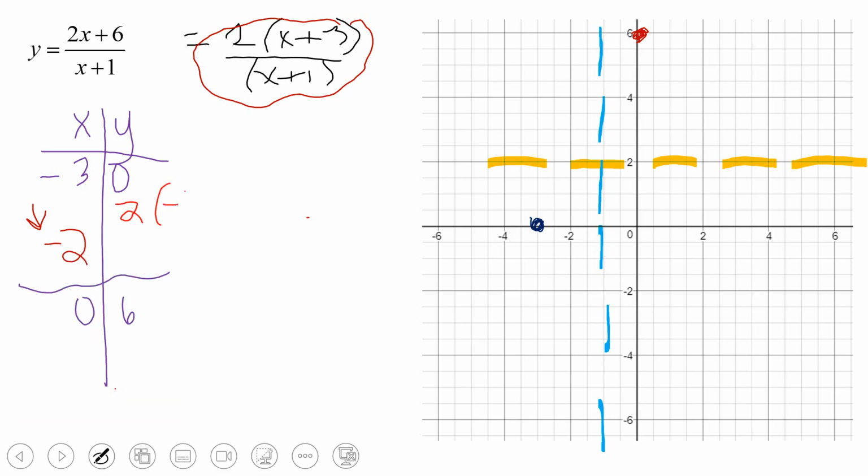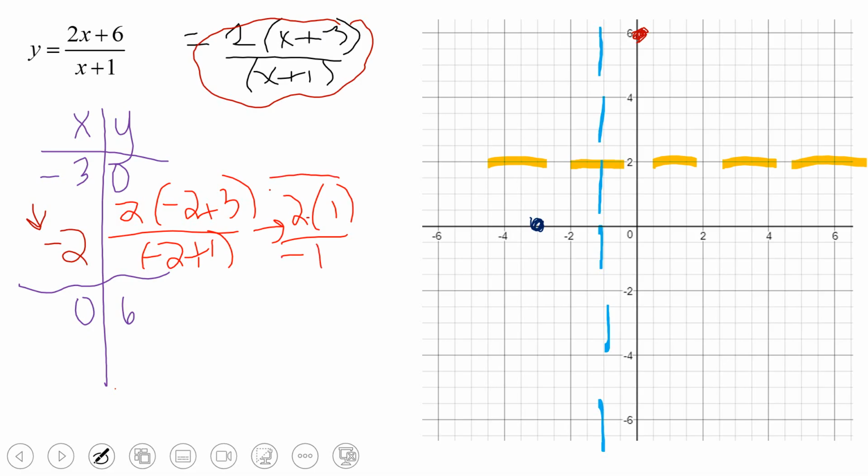So 2 times -2 plus 3 over -2 plus 1. 2 times -2 plus 3 is 1, and -2 plus 1 is -1. When I simplify this, I end up with -2. So -2 belongs to -2. I'm going to go over to -2 and down to -2.